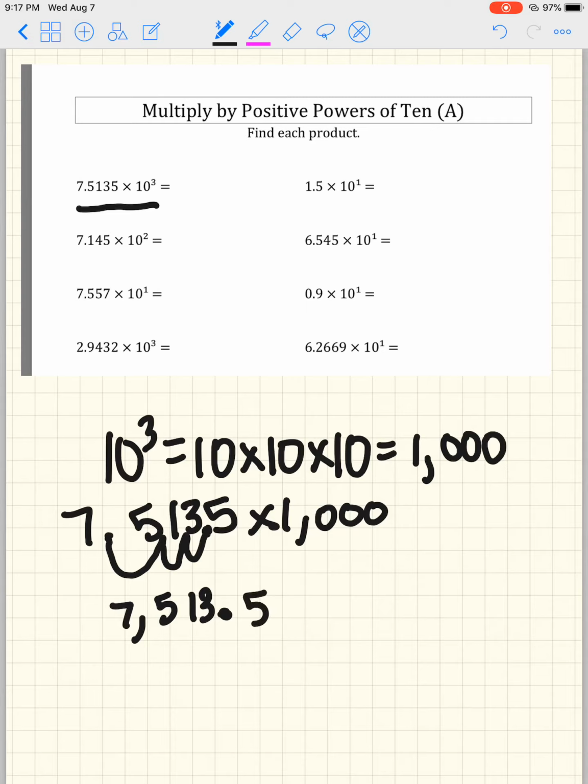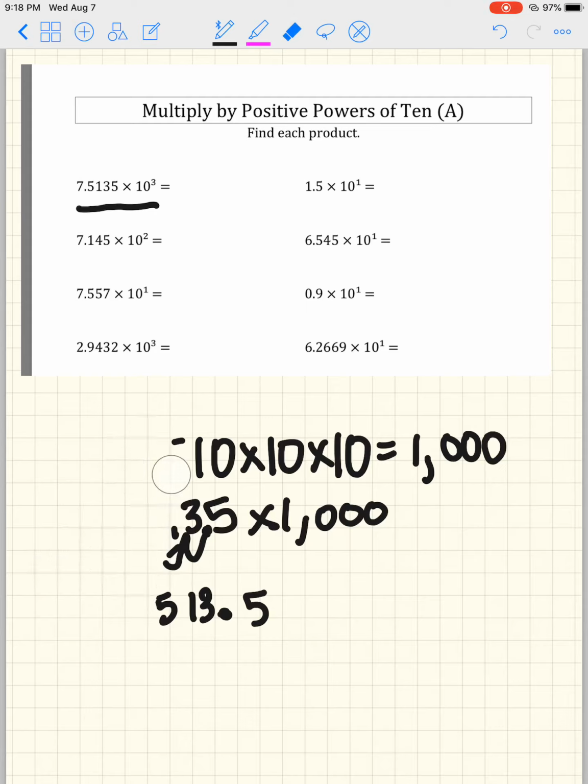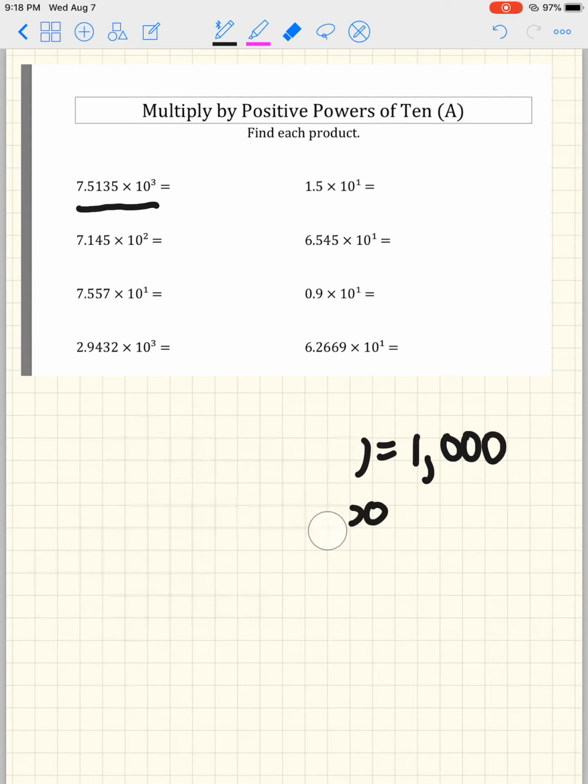Because all of our place values moved 3 places to the left. But an easy way for us to show that is by just moving our decimal. So we'll do a couple more of these as practice.